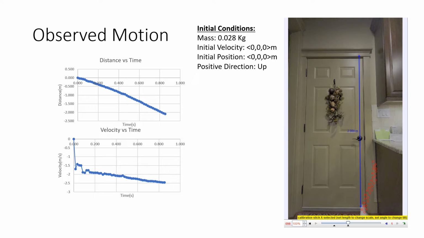As we see distance versus time, it's a slightly increasing, or I guess decreasing, since it's negative, or increasingly negative, sorry, position versus time graph. And the velocity versus time graph shows a slightly increasing velocity over time.